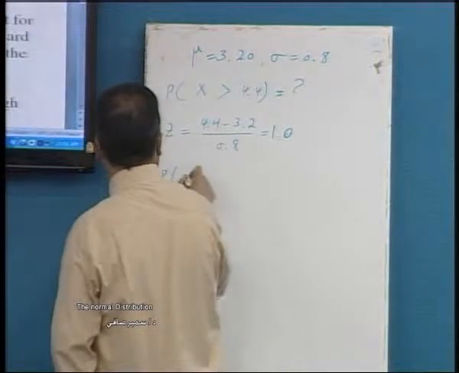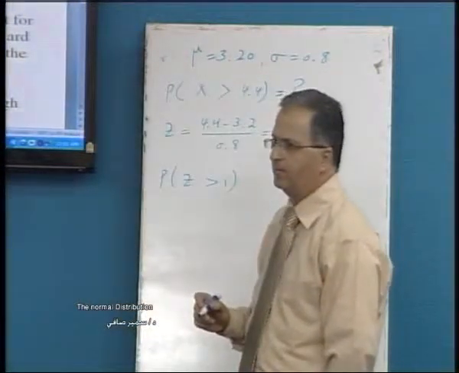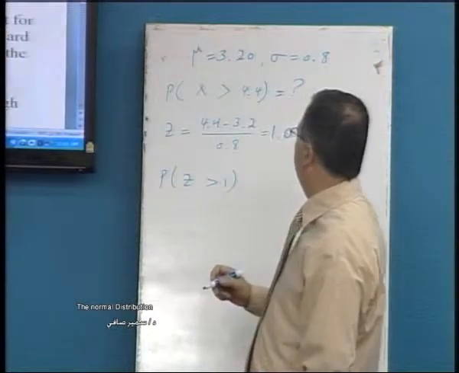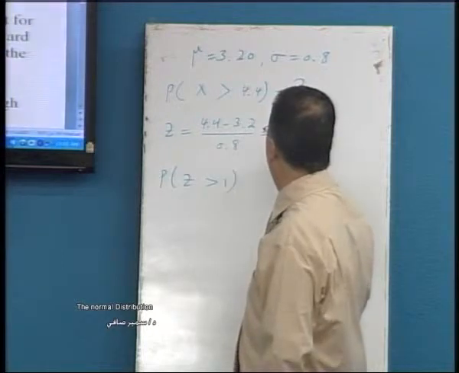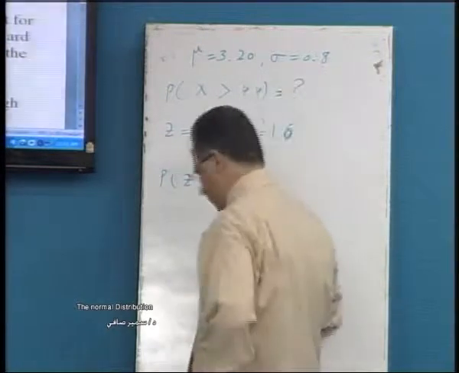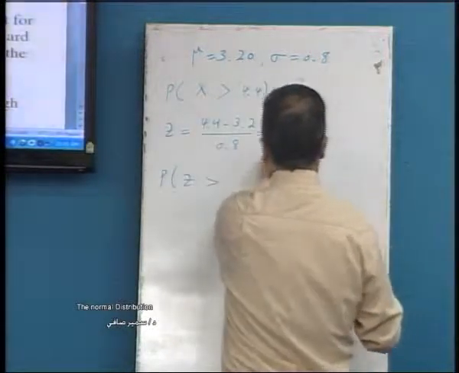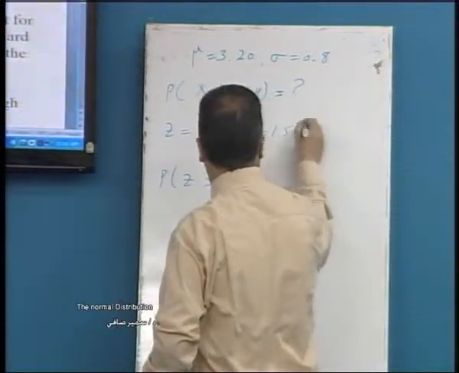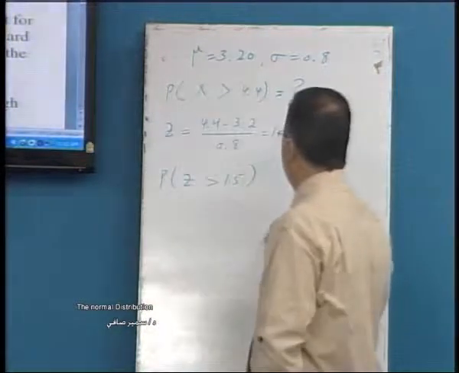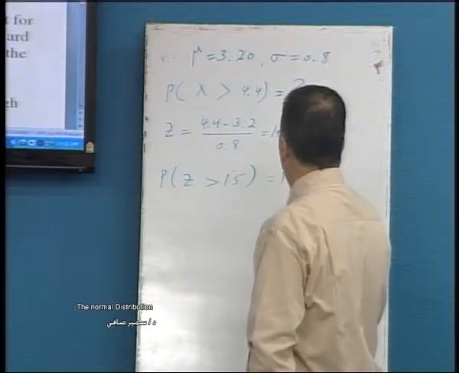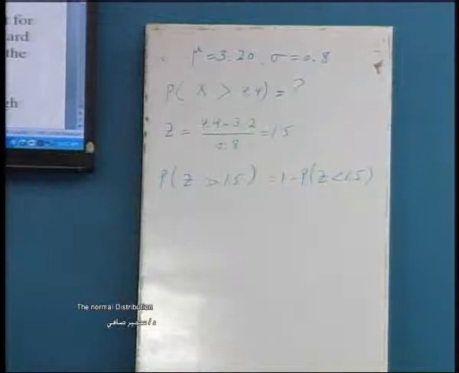So we are looking for the probability of Z greater than 1.5, which is 1 minus the probability of Z less than 1.5. Now go back to the table.